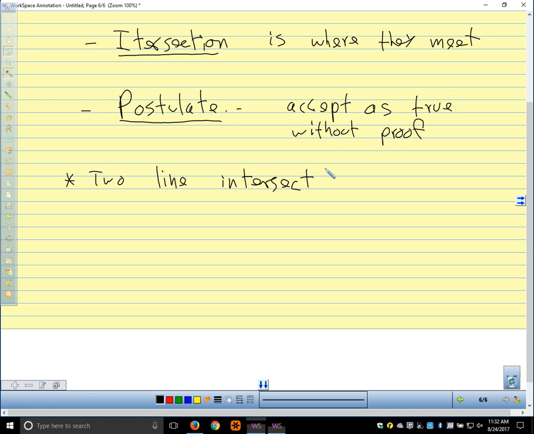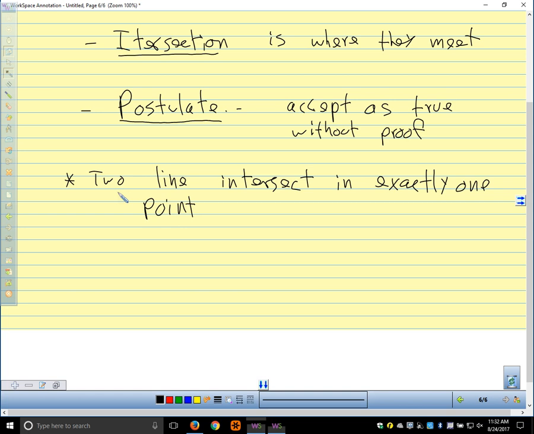Very nice. Two lines intersect in a point. I'm going to say in exactly one point. So that's our first postulate about intersections. Two lines intersect in exactly one point.